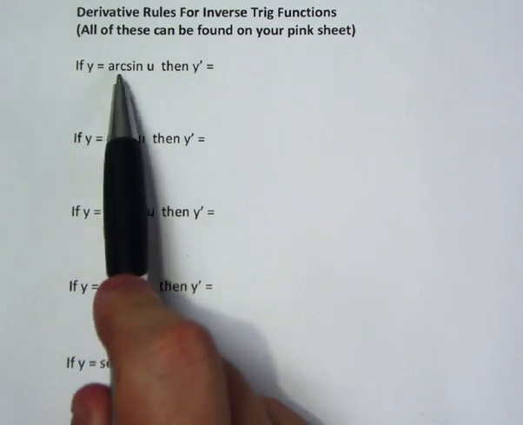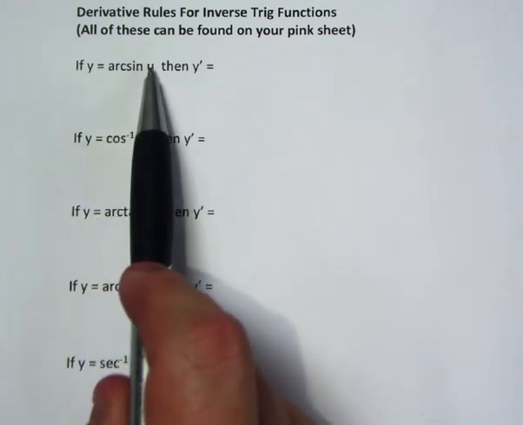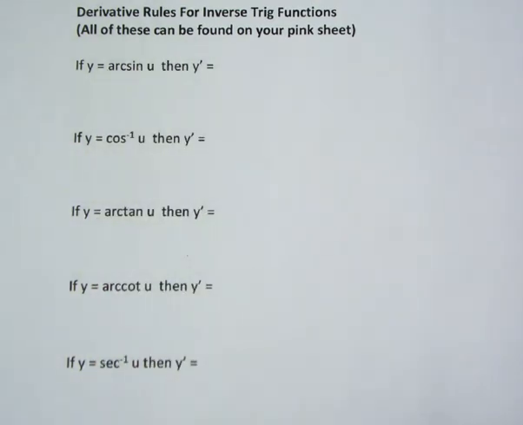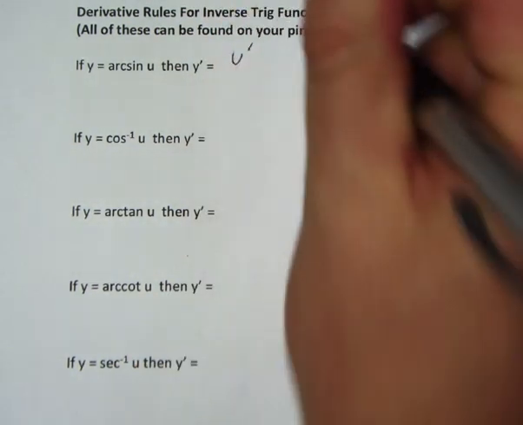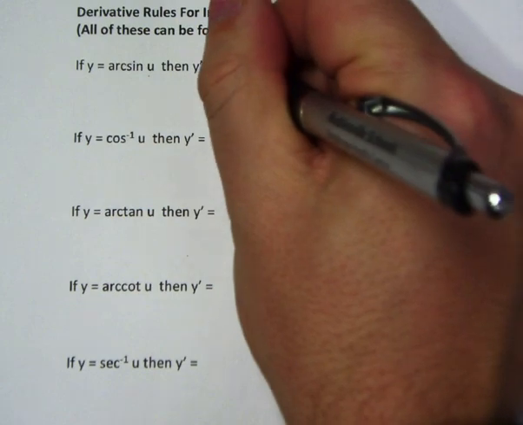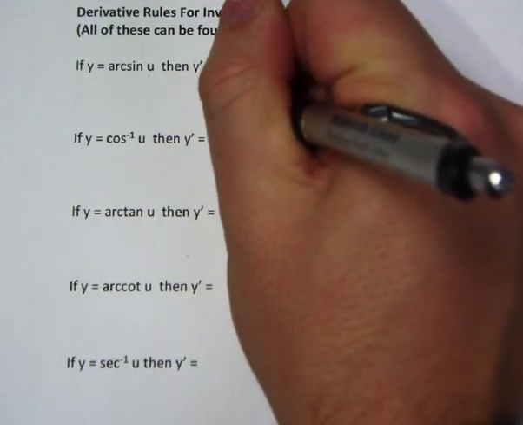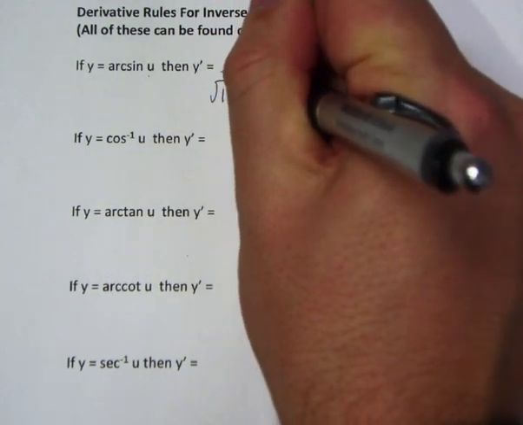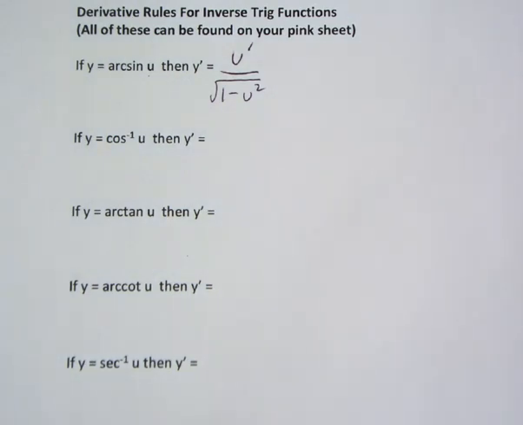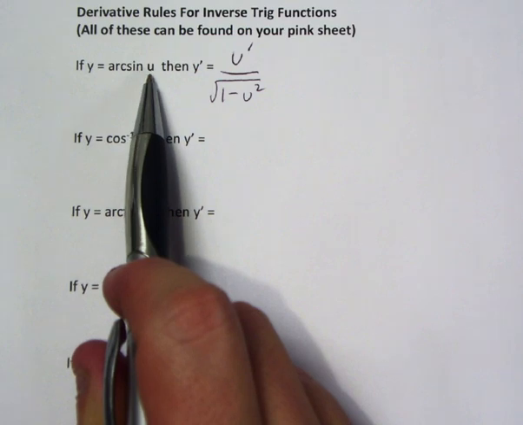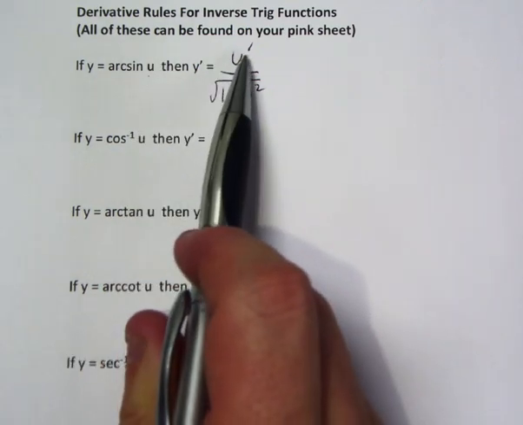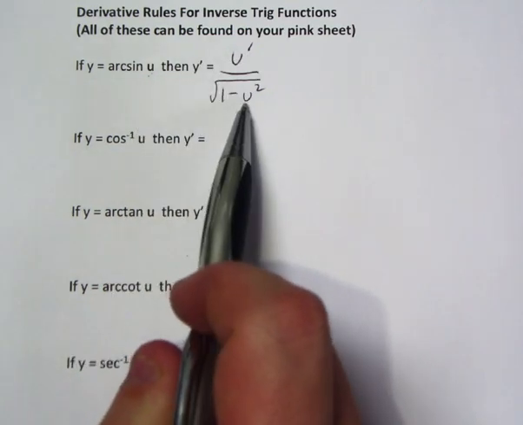The derivative for arc sine of u, u being some function of x, is this. y prime equals u prime, so whatever the derivative of the inside is, over the square root of 1 minus u squared. That's your rule. So whatever is inside the inverse sine function, you differentiate it, that goes up here. Whatever's inside it, you square it, goes down here.